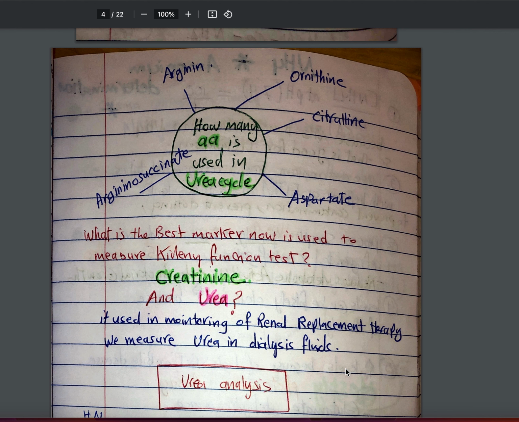Because creatinine is a waste product excreted through the kidney, so it shows us the ability of the kidney to excrete it. If there is an increased level of creatinine above 1, that means there is really damage in the kidney. But urea is important in the case of dialysis or replacement therapy.